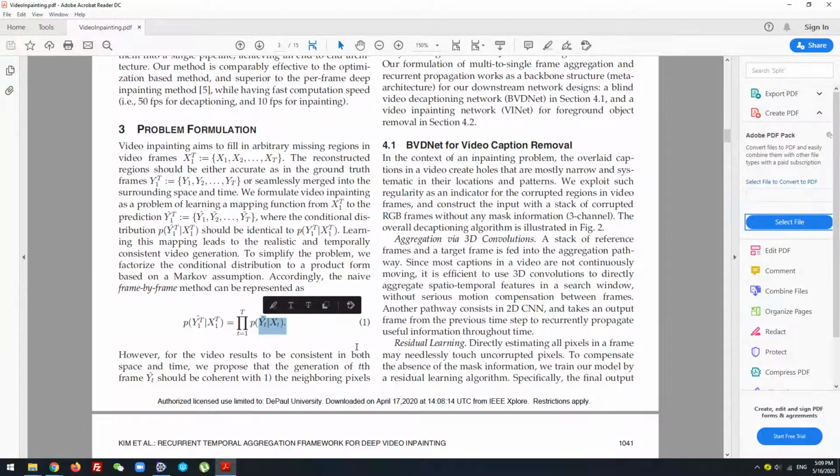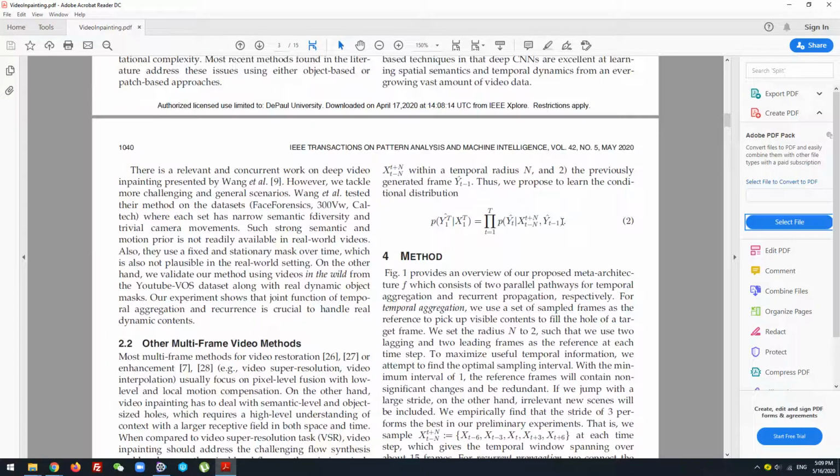For this part, he separated the input into two parts: the input frames in the original video, and a calculated frame from the previous result.